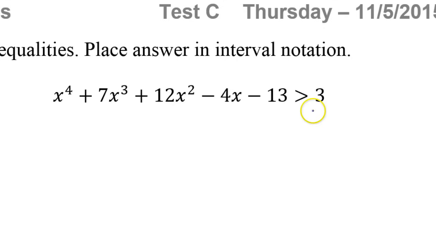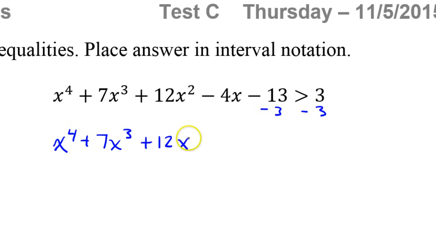So the first thing I would do is subtract 3 from both sides. If I do that, then I'm going to have x to the 4th power plus 7x to the 3rd power plus 12x squared minus 4x minus 16 is greater than 0.